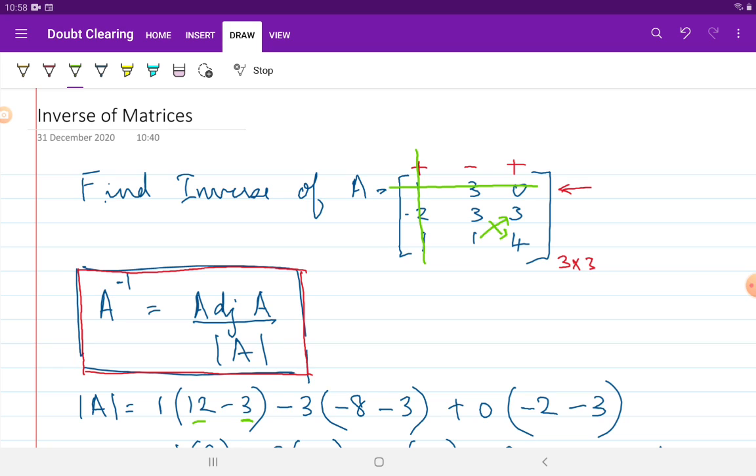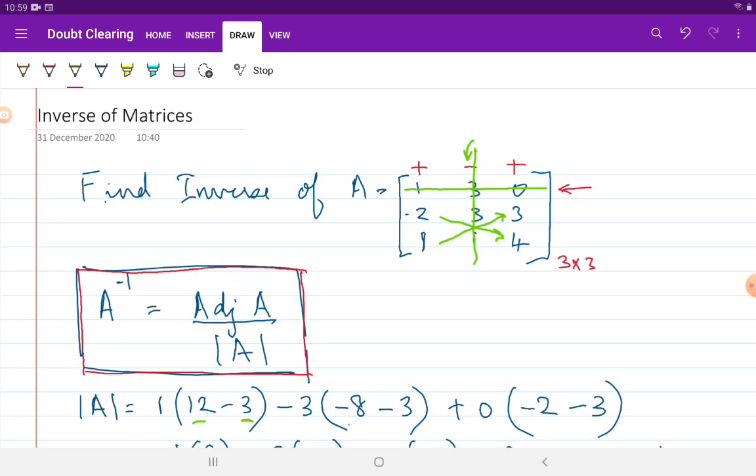Now similarly, next I will take into consideration this sign, which is minus 3 into the minor of this element. Once again, to find the minor, eliminate the row and column to which that element belongs to. So inside the brackets will be minus 2 into 4 minus 1 into 3.